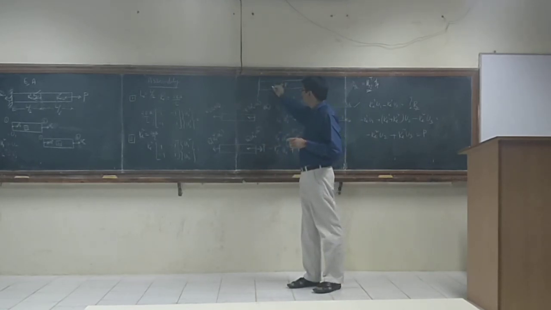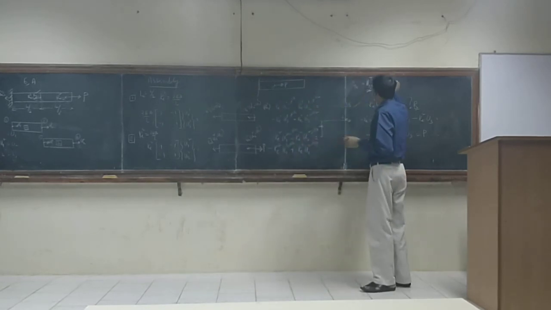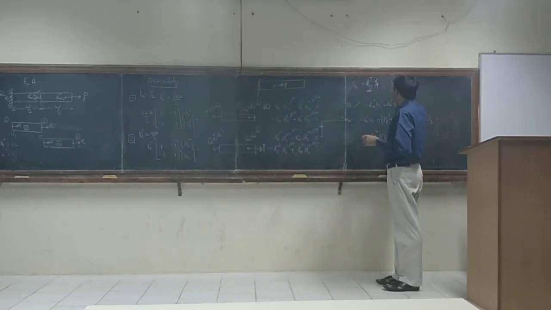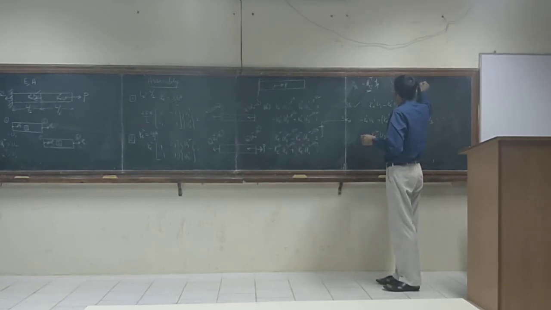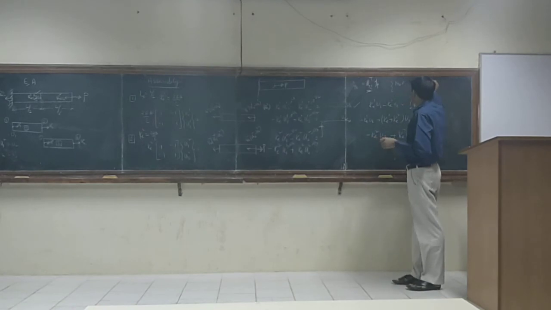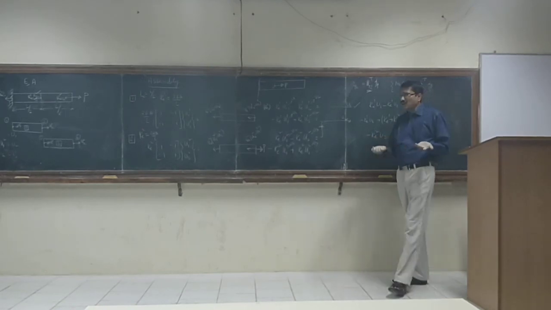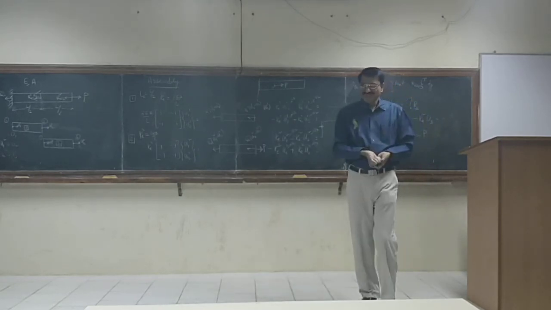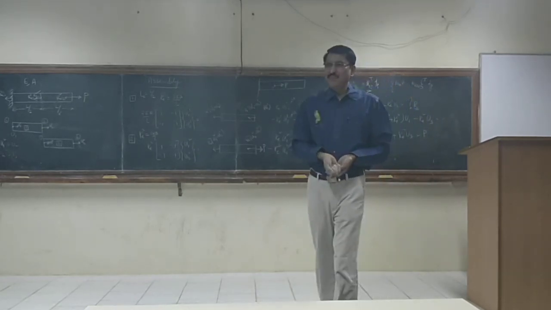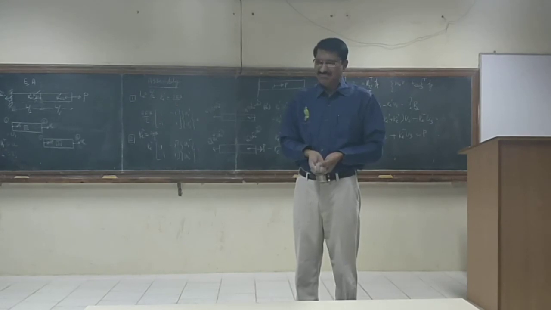If I call this point P, this becomes N1 at P, N2 at P, transpose, and FP. FP is only 1 dimension, only P. If it is at the midpoint, that will be P by 2 and P by 2.